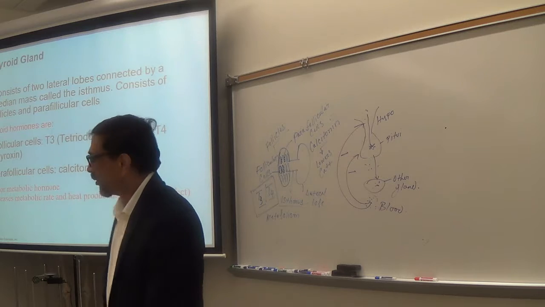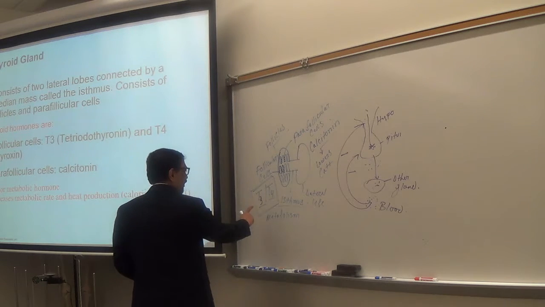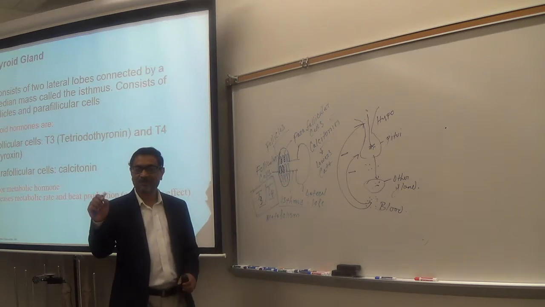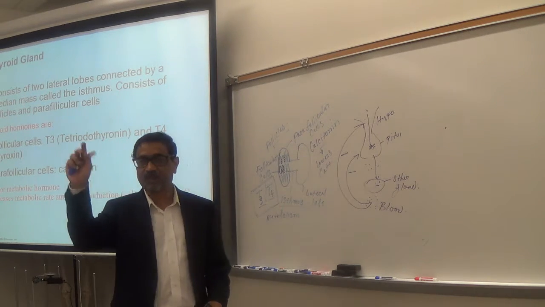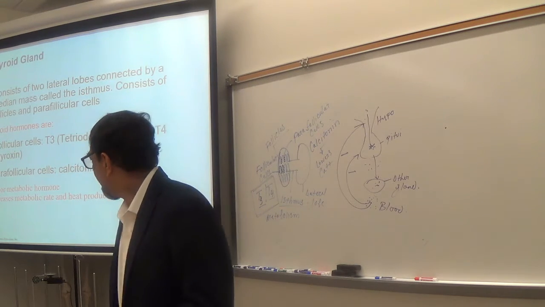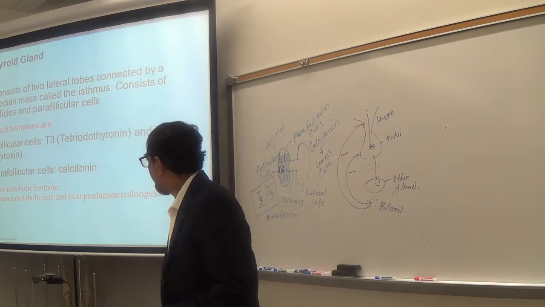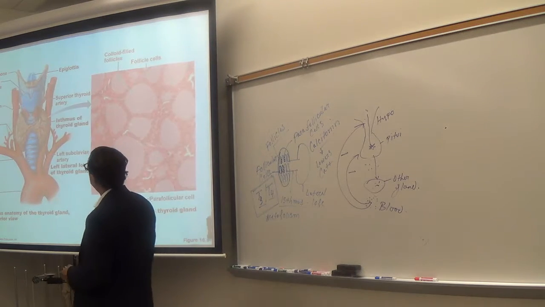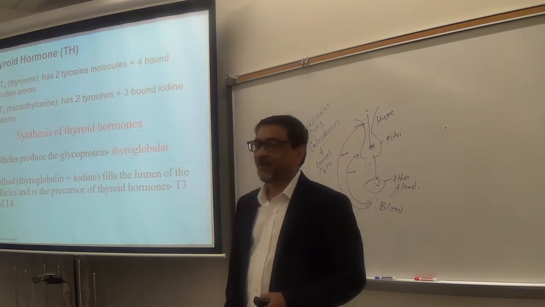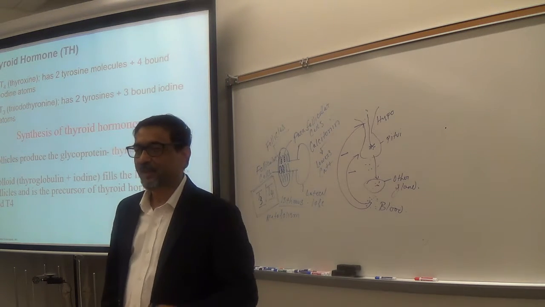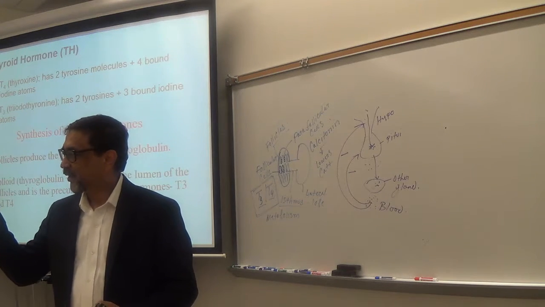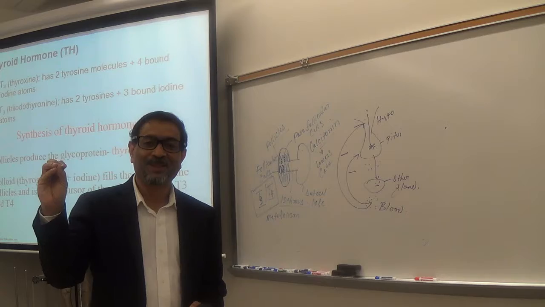Now, T3 is also called triiodothyronine. Tri means 3. If I ask you, very simple, just think and tell me: triiodothyronine or T3, how many iodine atoms are there? 3.